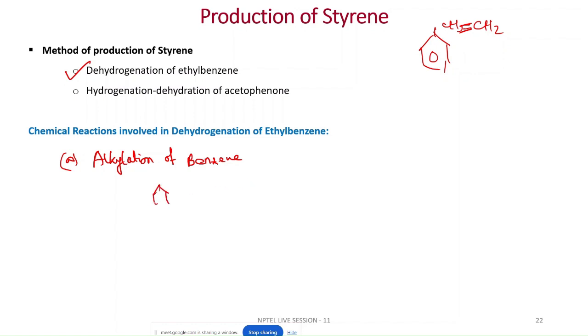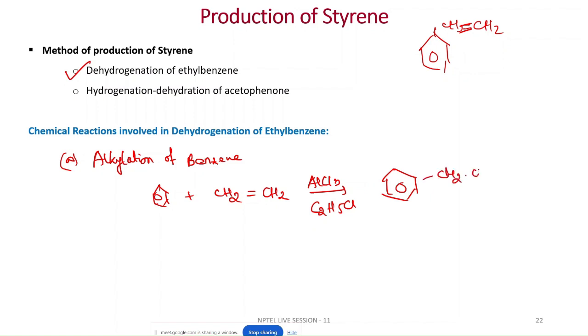Here the benzene reacts with ethylene in the presence of AlCl3 catalyst, also with ethyl chloride, and it forms ethylbenzene.